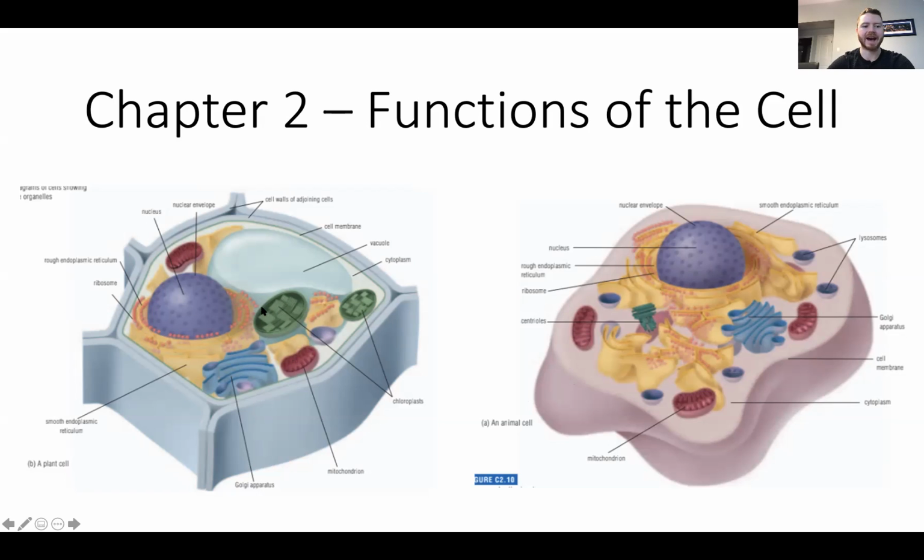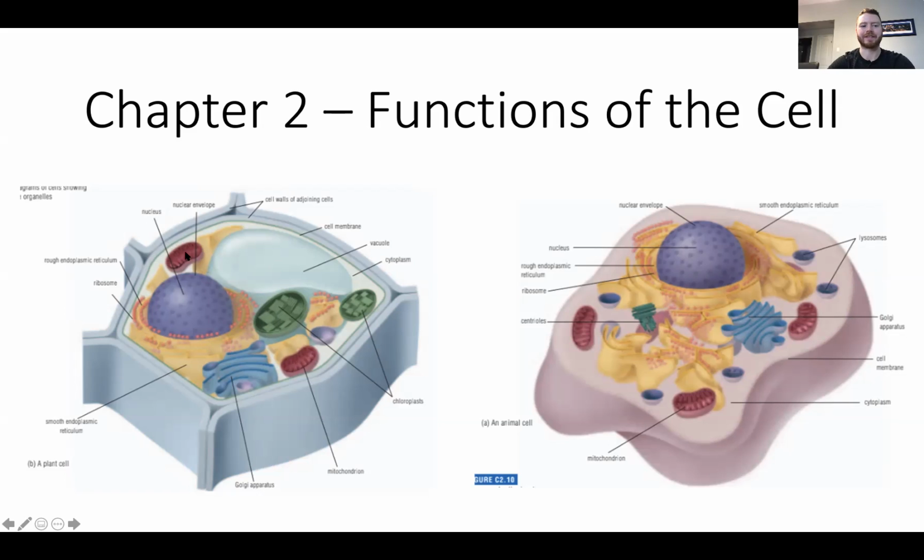One thing that we have in plant cells, so the image on the left, that we do not have in animal cells, are chloroplasts. Chloroplasts are the photosynthetic organelles that are involved with producing oxygen from carbon dioxide and sunlight. Mitochondria, we've touched on that a few times in this unit.